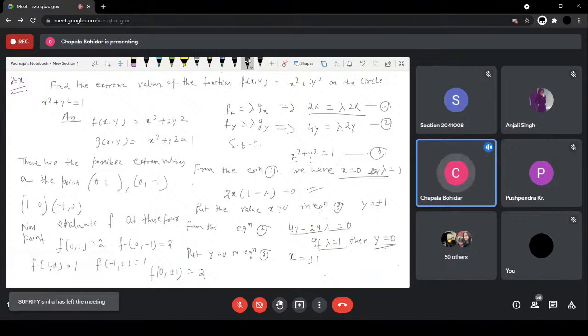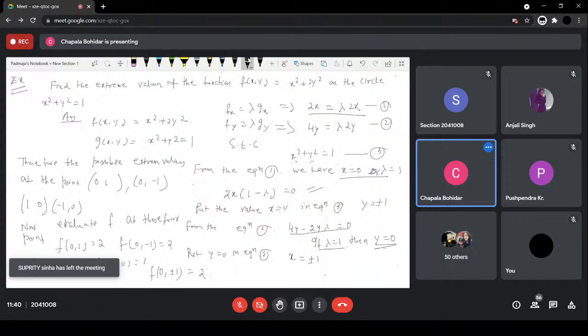And the minimum value is at plus minus 1, 0, and that value is 1. At this point the minimum value, at this point the maximum value; the maximum value is 2 and the minimum value is 1.